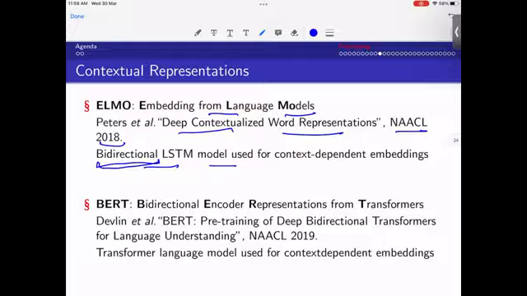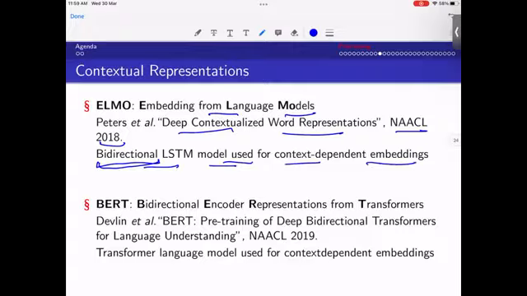It is just two different LSTMs trained, one in the forward direction, when you are feeding the sentence in the normal forward direction, and the second when you are feeding the sentence in the backward direction. So it's not exactly the same as what we normally mean by bidirectional LSTM, but it's an LSTM model used for context-dependent embeddings.